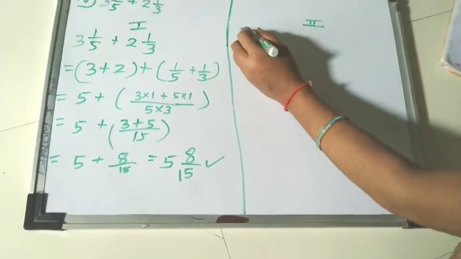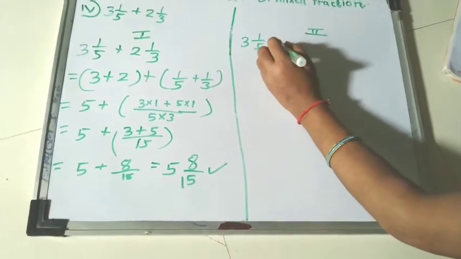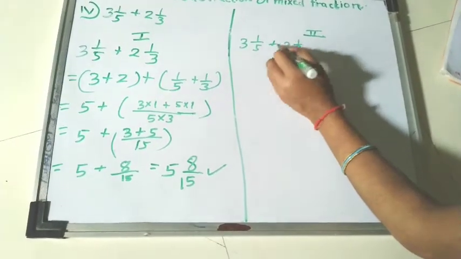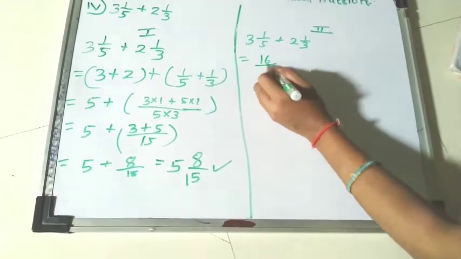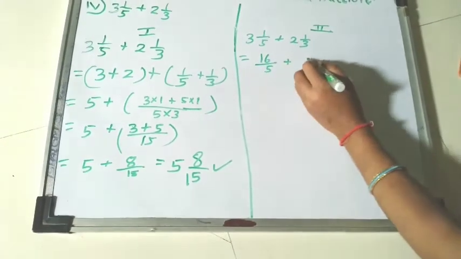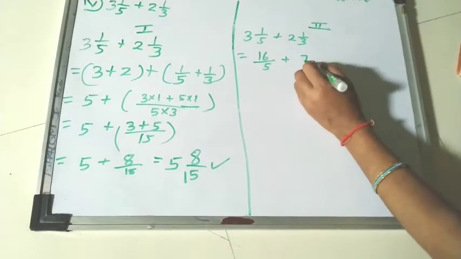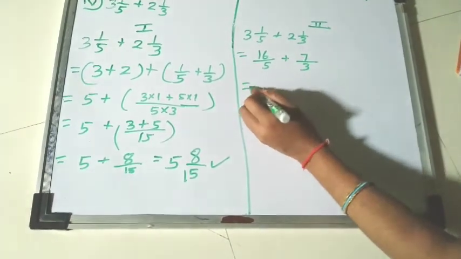Second method, 3 upon 1 by 5 plus 2 upon 1 by 3. Change into mixed fraction. 5 3s are 15, 1 plus 1, 16 by 5, plus 3 2s are 6, 7 by 3.